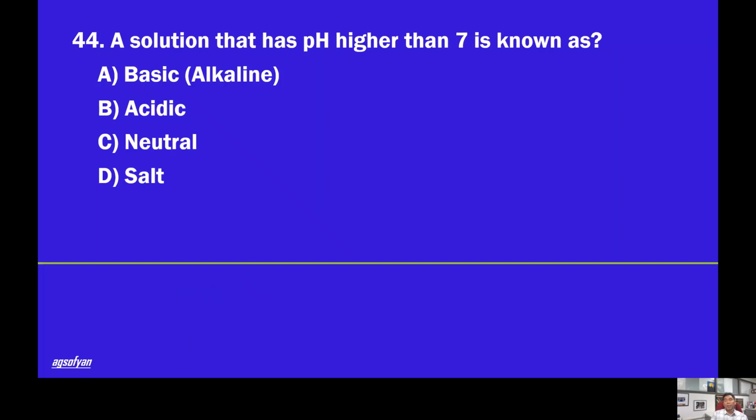Number 44. A solution that has pH higher than 7 is known as A. Basic or alkaline, B. Acidic, C. Neutral, D. Salt. Choose your answer. Yes, the answer is basic or alkaline. So if a solution has pH more than 7, that solution is known as a basic solution.